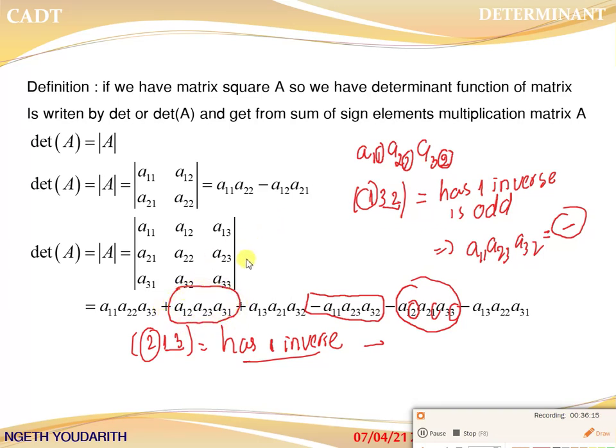Because we have 2, 3, and 1. This one has 1, this one has 1, plus 1 is 2. 2 is even. So if even, this sign is positive. If odd it is negative sign, if even it is positive sign. This is the way to find why we get the negative sign and positive sign.